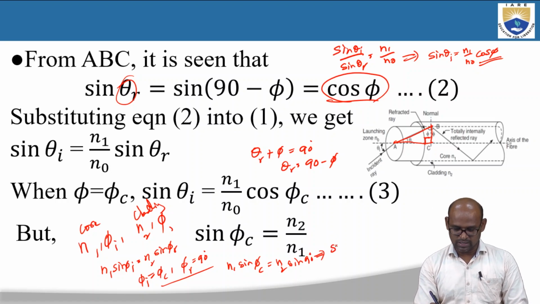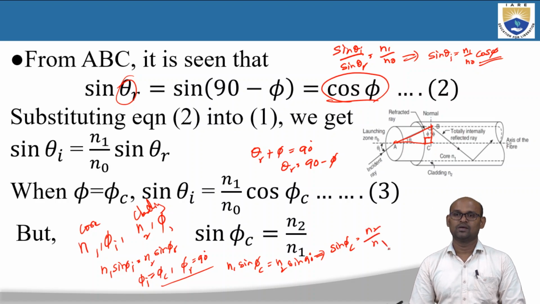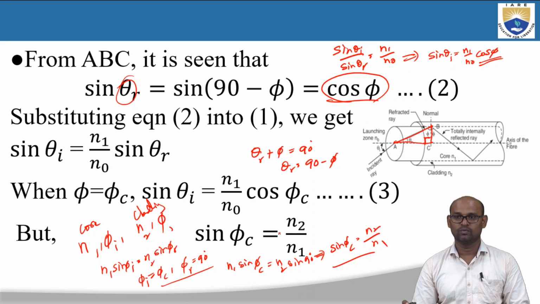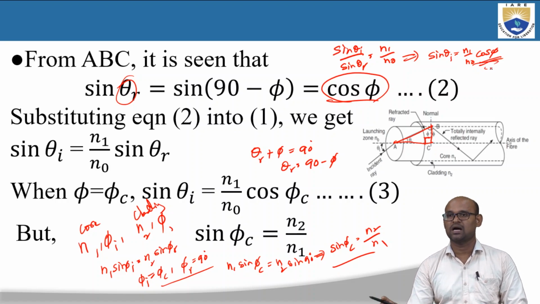So sin phi c will be equal to n2 by n1. Applying Snell's law the second time to the core cladding interface, we find sin phi c is equal to n2 by n1. Now we use this sin phi c to calculate cos phi.